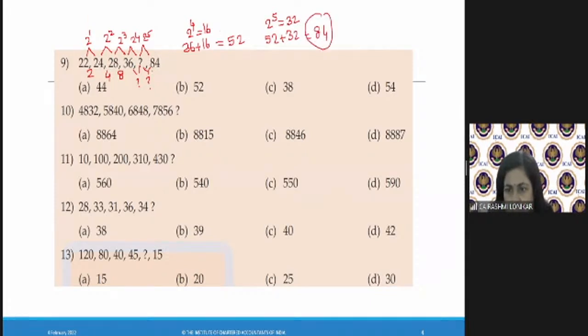This number and this number tallies. That means this thing that we have worked out is correct. So my number 36 plus 16 is 52. So 52 is the correct answer. So 9th question, B is the correct answer. Okay. So here it is a bit tricky that you have 2 raised to 1, 2 raised to 2, 2 raised to 3, that way.